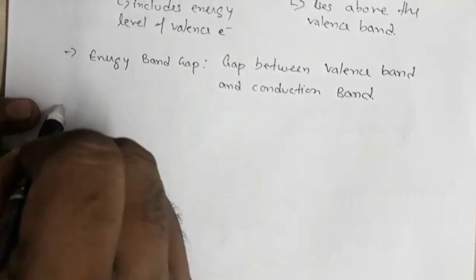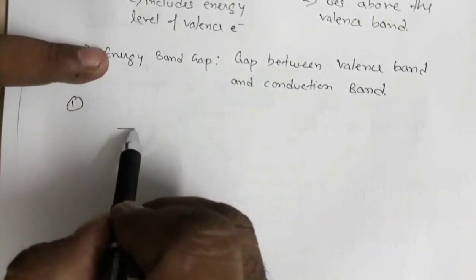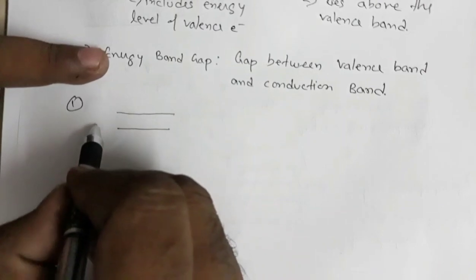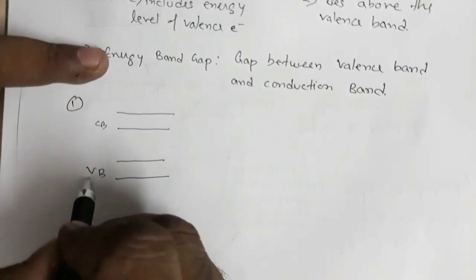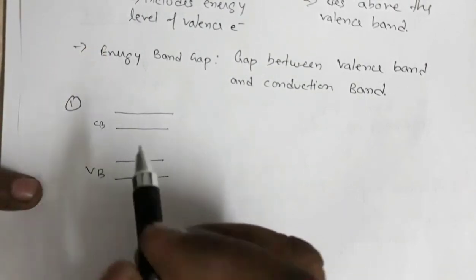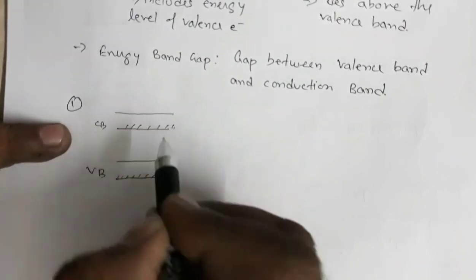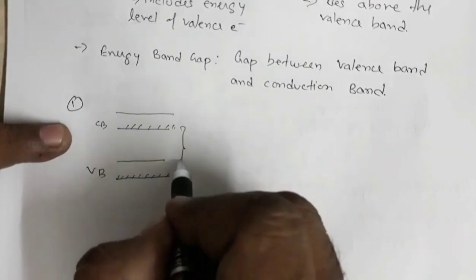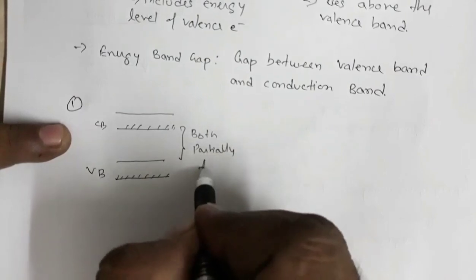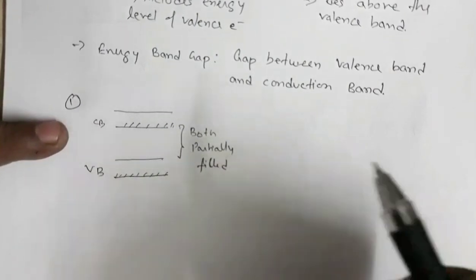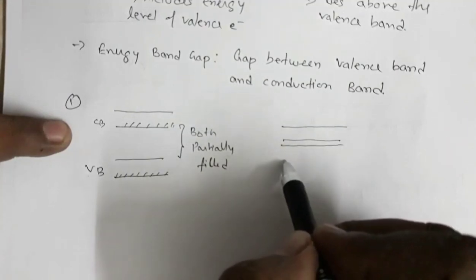The first possibility: suppose this is the conduction band and this is the valence band, VB for valence band, CB for conduction band. It is quite possible that both are partially filled, or you can have both bands overlapping.